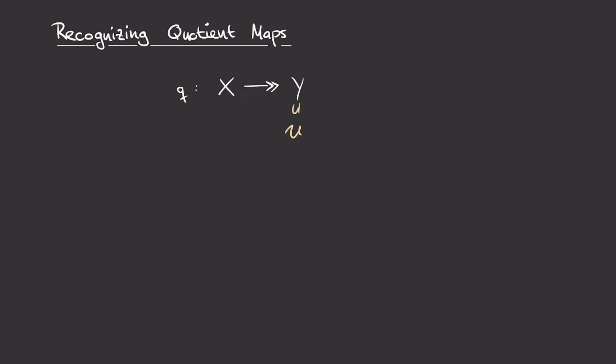It says that a subset U of Y should be open if and only if its pre-image under Q is open in X. So this is how the quotient topology is defined on a set Y if we're given a topological space X and such a surjective function Q. On the other hand, if we start with topological spaces X and Y and a surjective map Q, and moreover the topology on Y satisfies this condition here in orange, then we will also say that Y has the quotient topology with respect to this map Q.